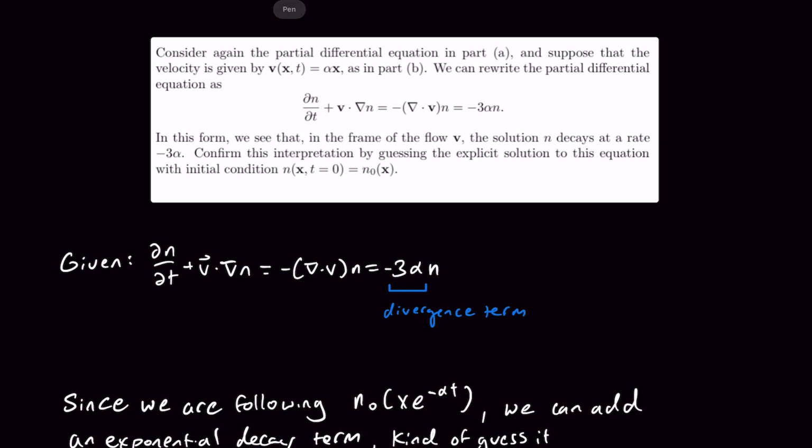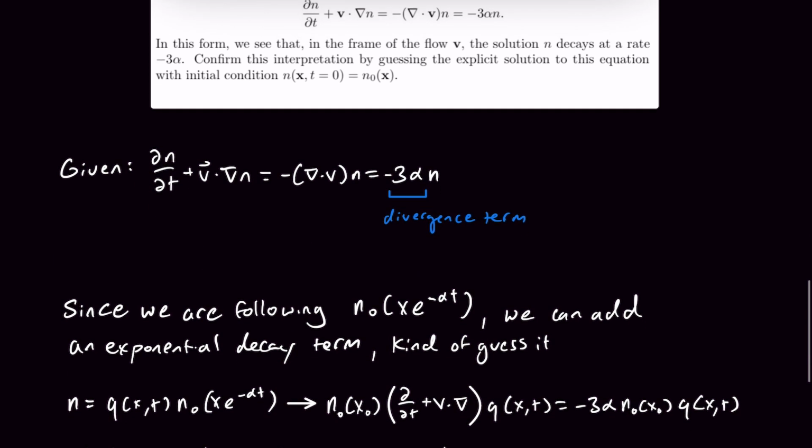Okay, so from that, since we are following the curve n0 of x e to the negative alpha t, which we got from above, then we can add an exponential decay term and then kind of guess what the exponential decay is. Because let's just say we're following this one curve, right?